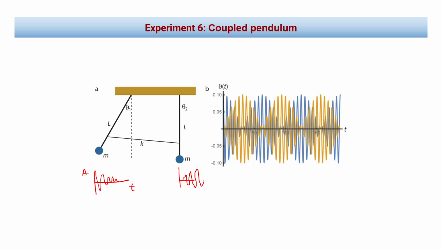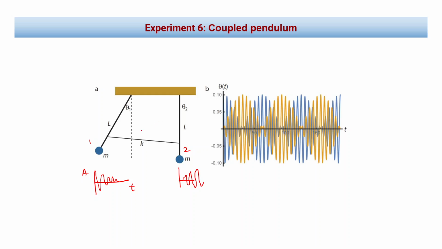So when we overlap these two equations, we see that when pendulum 1 has maximum amplitude, pendulum 2 has minimum amplitude, minimum displacement. But at some point they both are displaced, they both have some amplitude, and then after some time all the maximum amplitude is in pendulum 2 and pendulum 1 is static, and this keeps on happening.